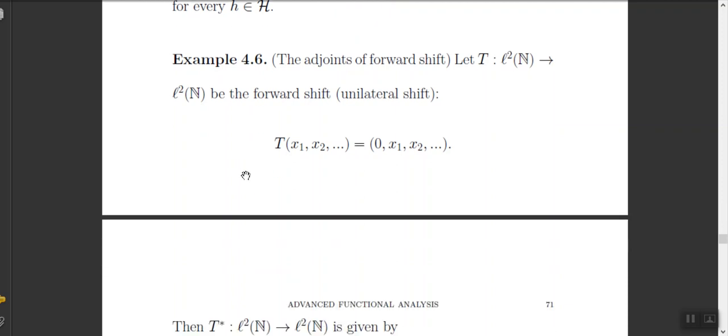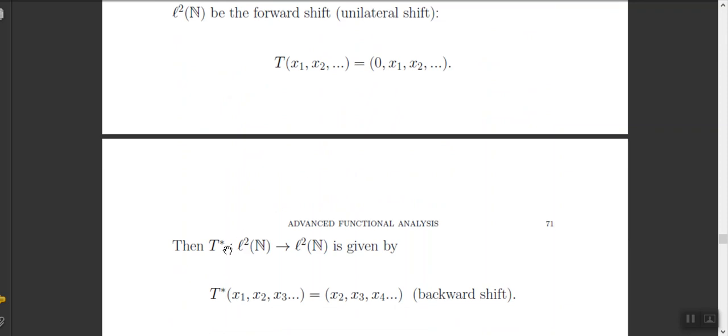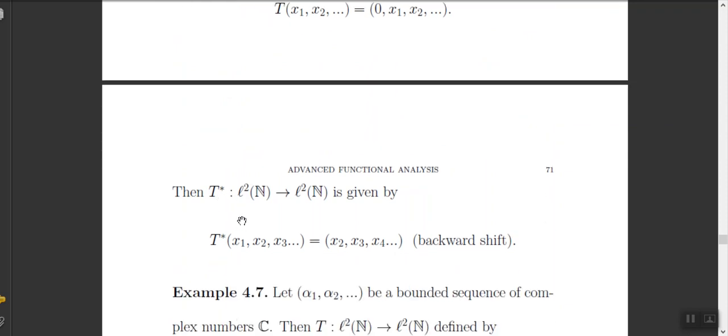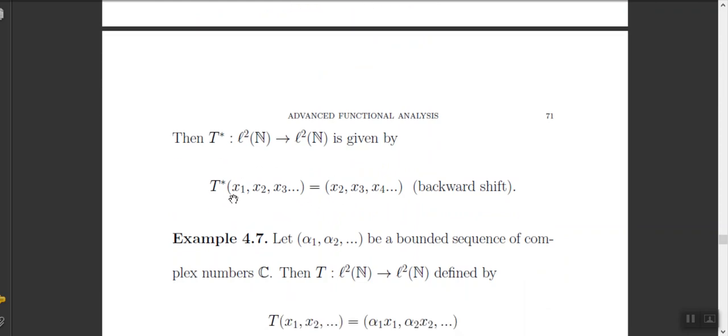Now we want to find the adjoint of T, which is denoted by T star. We claim that the adjoint T star is given like this. Look at here, T star maps every element here to this. T star of (x1, x2, x3, ...) equals (x2, x3, x4, ...). It's a kind of backward shift, okay?